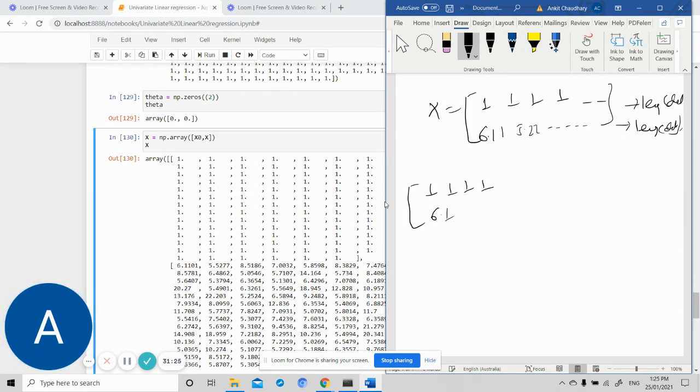This is our one matrix, with x naught and x1. Another is our theta, which is 0 comma 0.